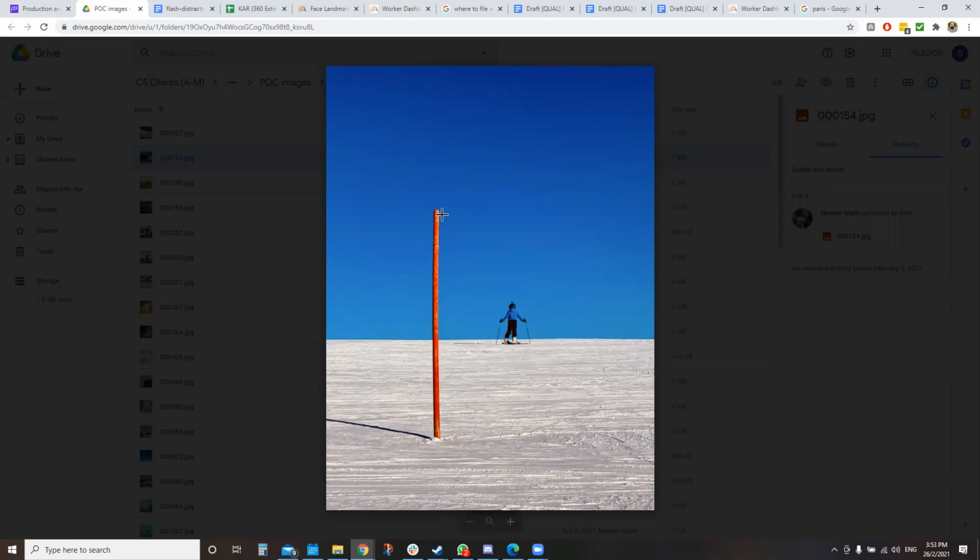Which one has more impact to a person or to people? The girl, right? Obviously it's the girl, because for us as humans, the person and what she's doing is more impactful compared to this pole right here.